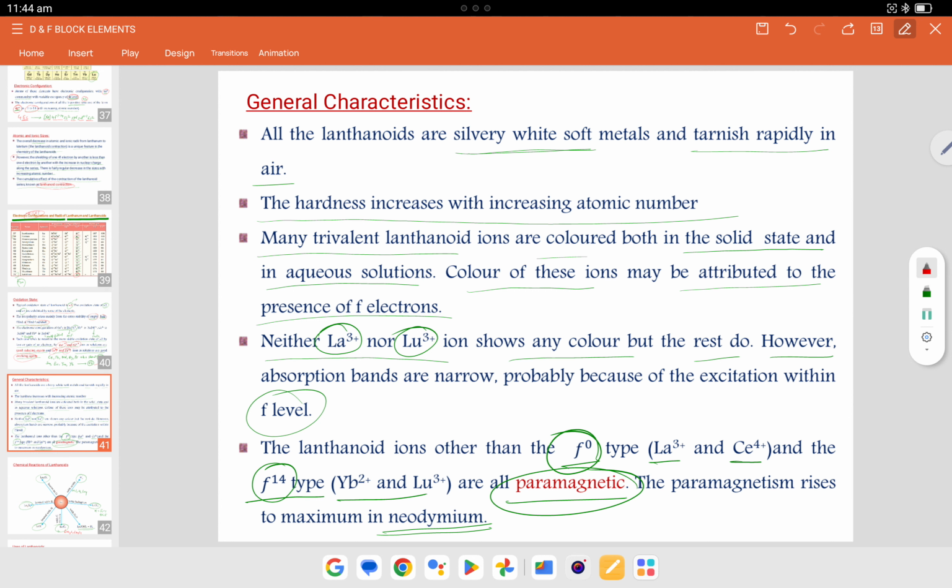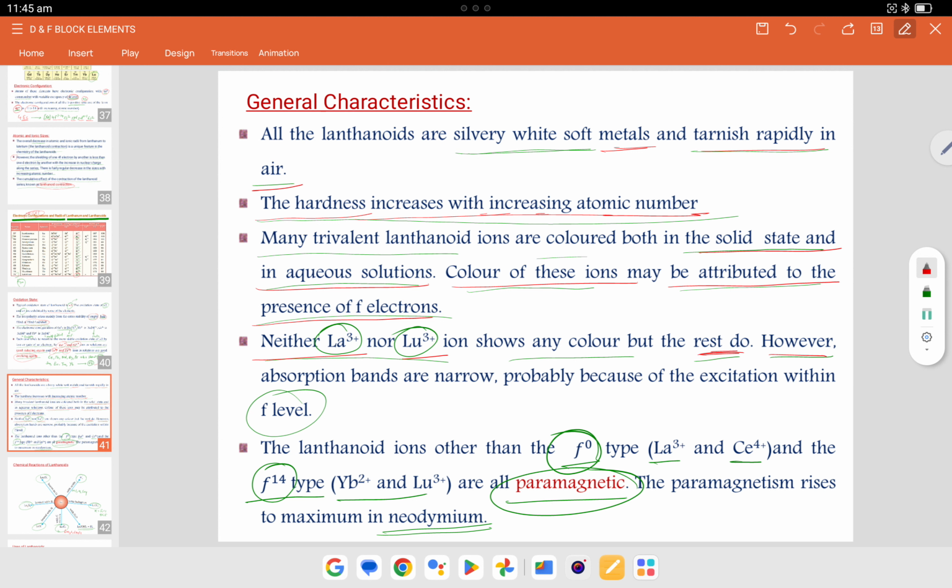General characteristics: all the lanthanoids are silvery white, soft metals and tarnish rapidly in air. The hardness increases with increasing atomic number. Many trivalent lanthanoid ions are colored both in the solid state and in aqueous solution. The color of these ions may be attributed to the presence of f electrons. Neither La3+ nor Lu3+ ions show any color, but the rest of the elements do.